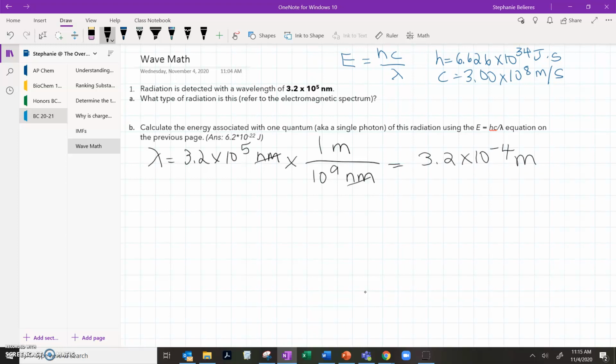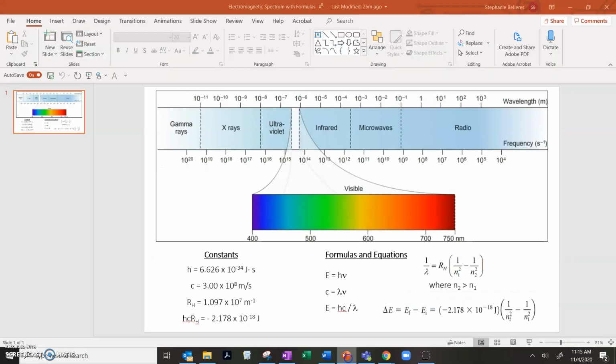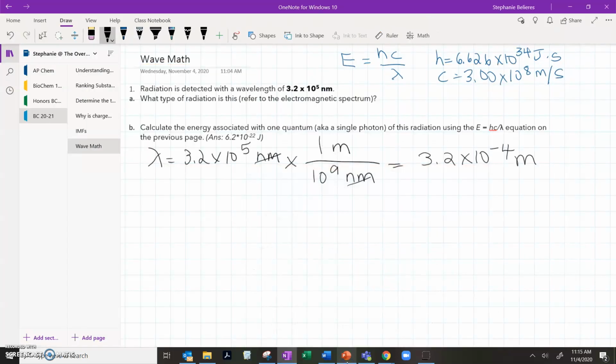All right, so now I'm going to take that value, 3.2 times 10 to the minus 4, and look at my electromagnetic spectrum. And I can see here that in the 10 to the minus 4 area is an infrared wave. All right, so that is my answer.